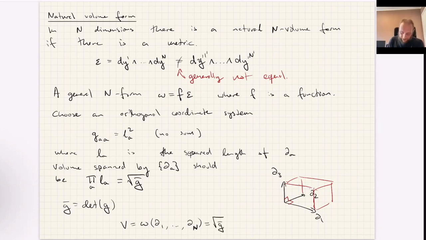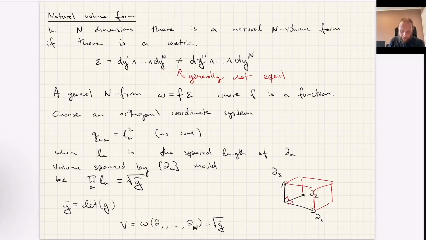But if I insert this into that definition, well, this epsilon, just taking these coordinate differentials, slamming them together with the wedges, I plug ∂1 into dy1, I get 1, and so on. For every one I plug in, I get 1.